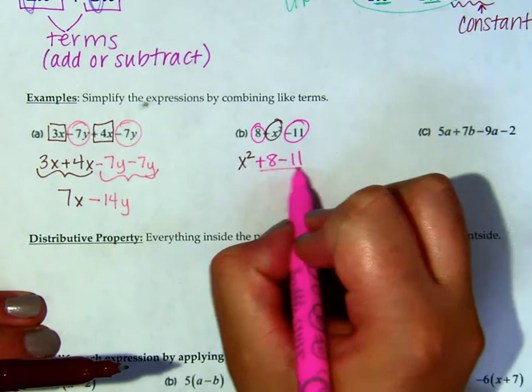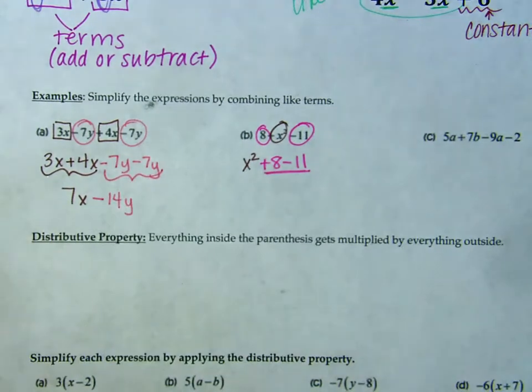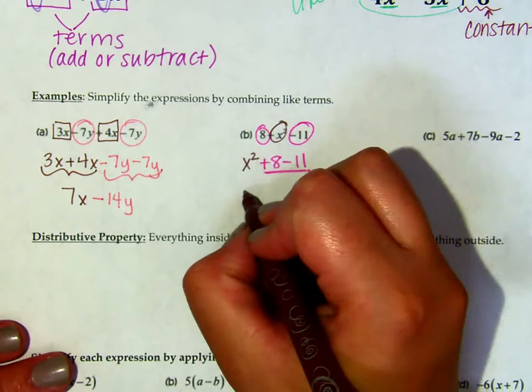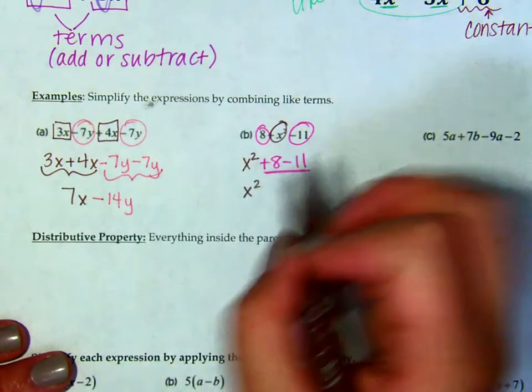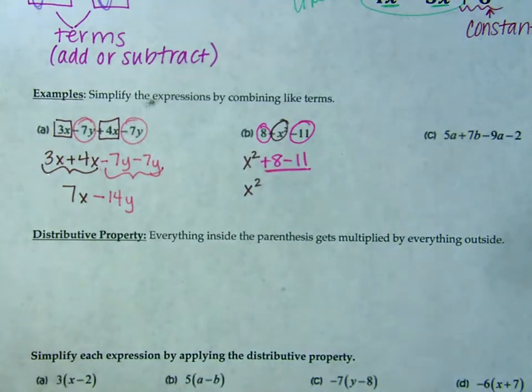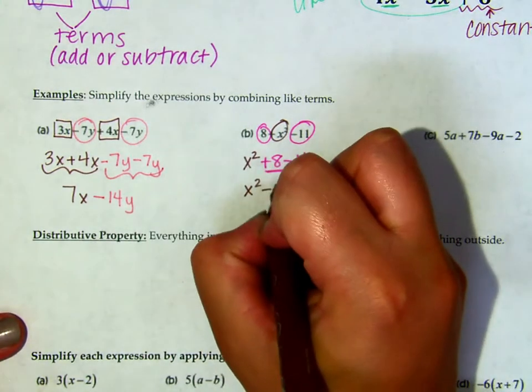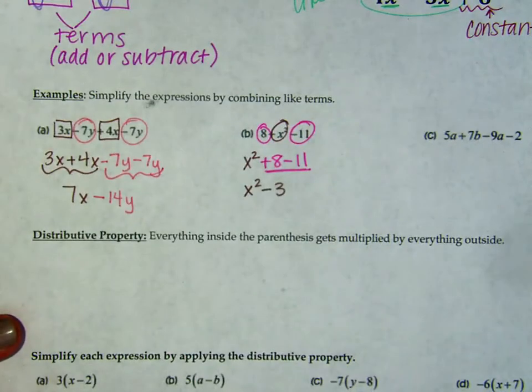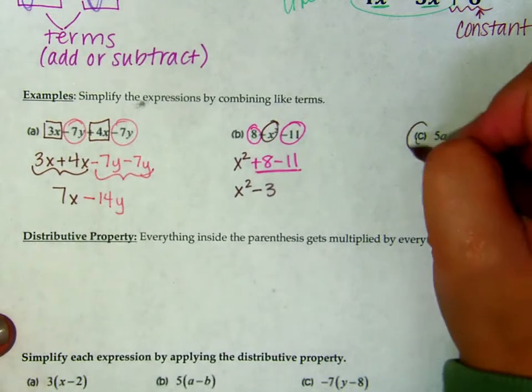Those constants can also be like terms, which means I can add or subtract them together. So I get x squared, and then positive 8 minus 11 is negative 3. For your practice, I want you to try C by yourself.